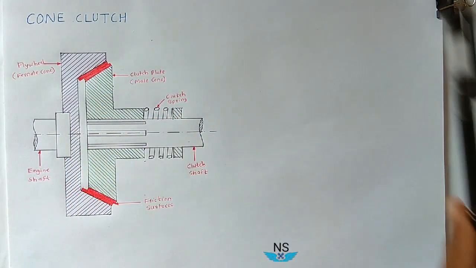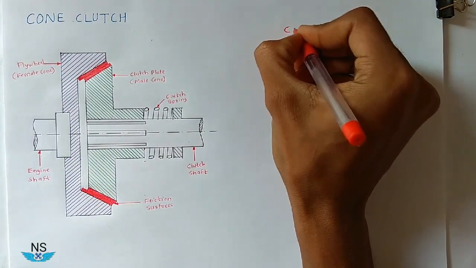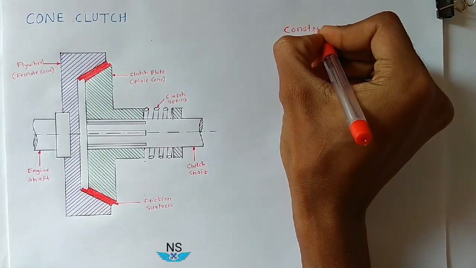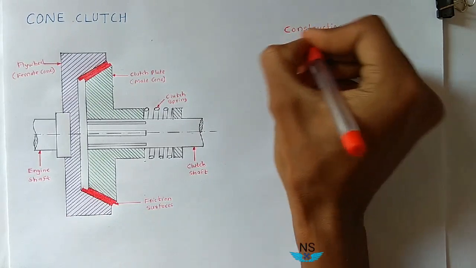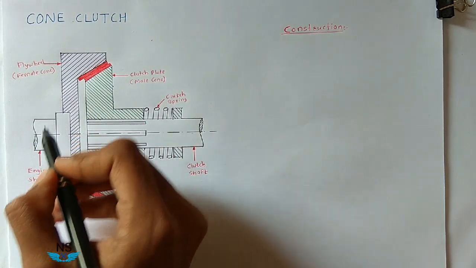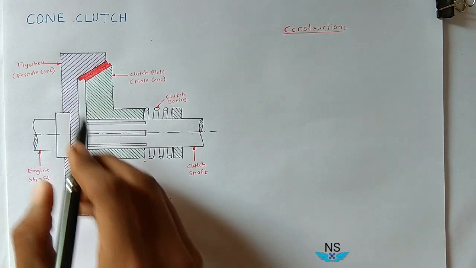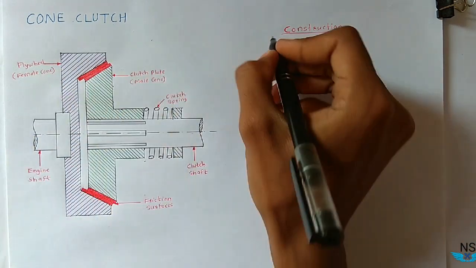So it consists of, let us see first construction. It consists of engine shaft. First part is a flywheel, which is also called as female cone.